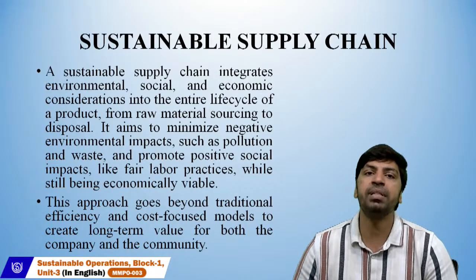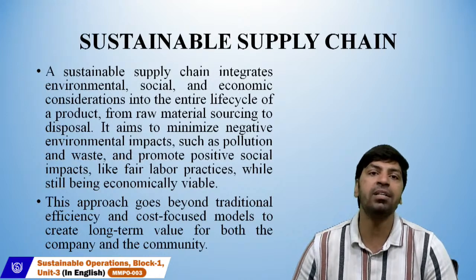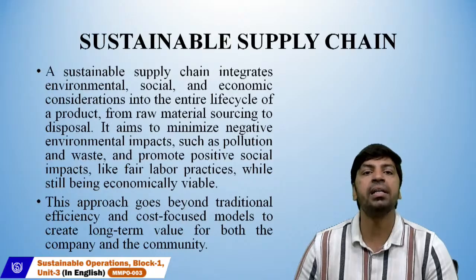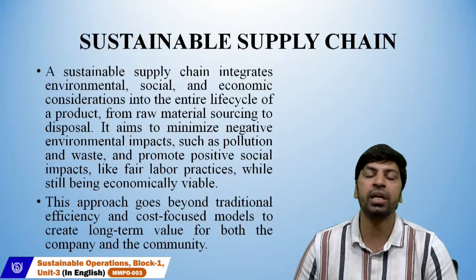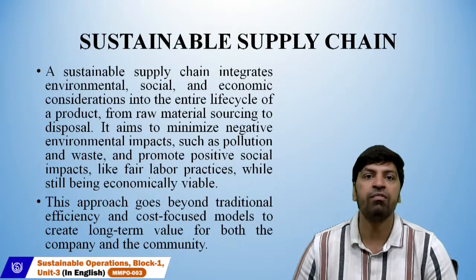Next concept is sustainable supply chain. A sustainable supply chain integrates environmental, social and economic considerations into the entire life cycle of a product, from raw material sourcing to disposal.